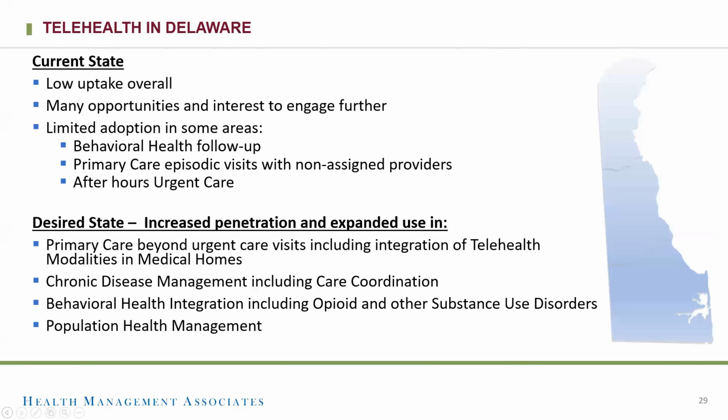The desired state, however, would be to increase the penetration and expand the use. For instance, primary care beyond urgent care visits, including integration of telehealth modalities in medical homes. Use for chronic disease management, including care coordination. Behavioral health integration, including opioid and other substance use disorders, and population health management.